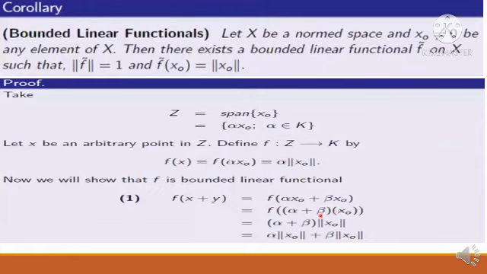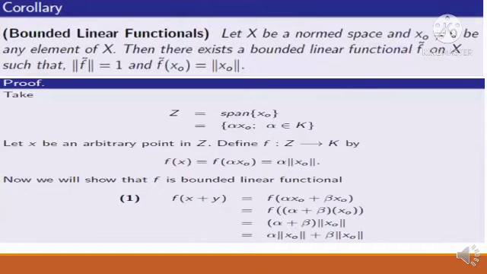If we apply f on this vector, then alpha plus beta comes outside, times the norm of x0. Here, applying f on alpha x0 and beta x0, we get alpha times the norm of x0 plus beta times the norm of x0. So the first condition of a linear functional is satisfied.